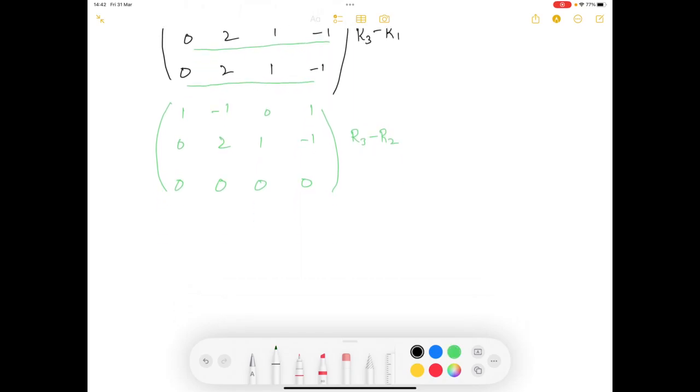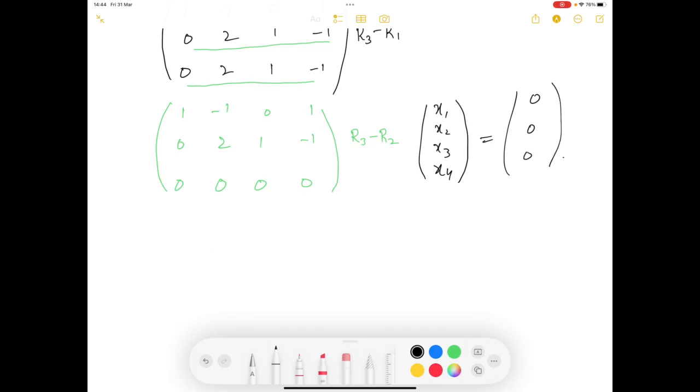So now we can write again this is our matrix, and this matrix will be multiplied with the vector of length 4, x1, x2, x3, and x4. When we multiply this, we want to get a 0 vector.